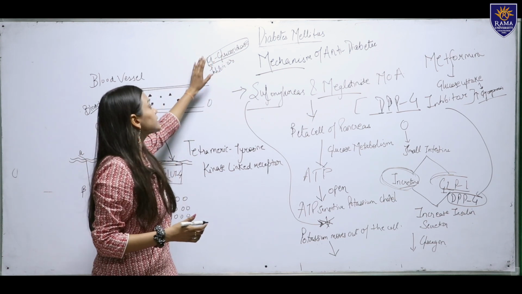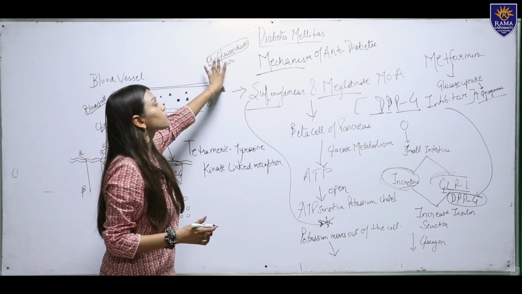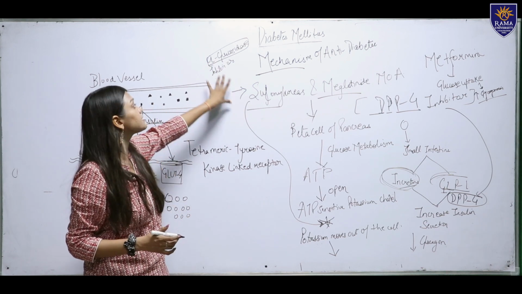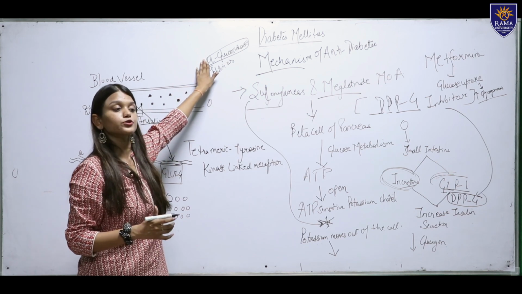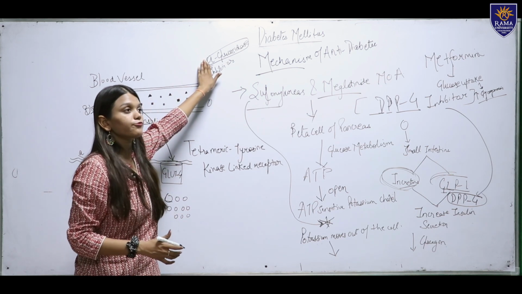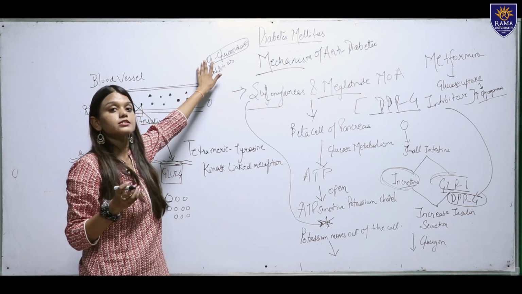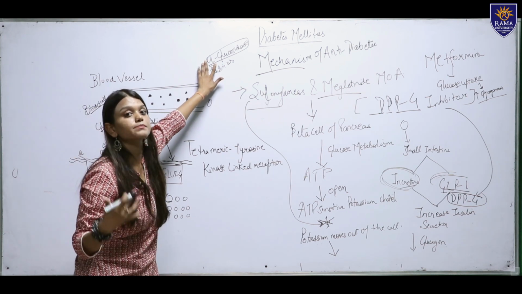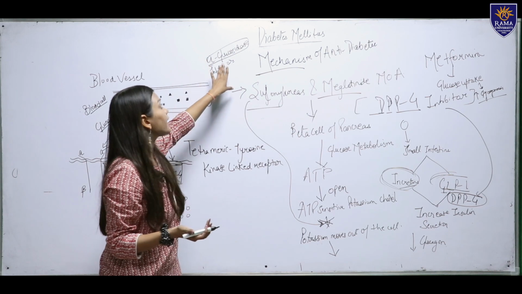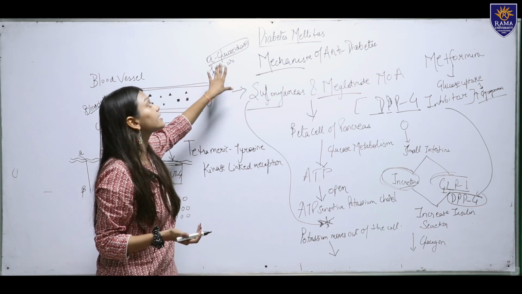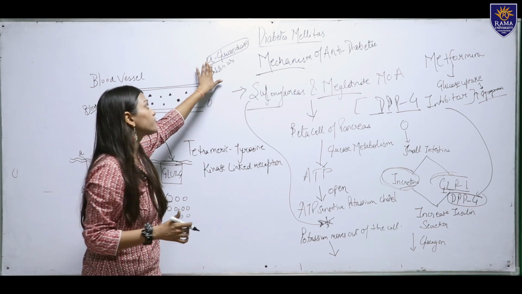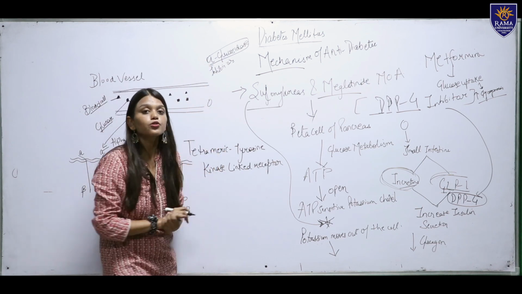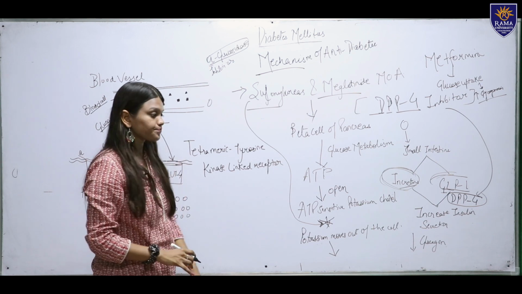The alpha glucosidase inhibitors inhibit this enzyme and prevent the conversion of oligosaccharides into monosaccharides, which when absorbed in the blood cause the postprandial hyperglycemia condition. So alpha glucosidase inhibitors inhibit alpha glucosidase and block the conversion of oligosaccharides to monosaccharides.